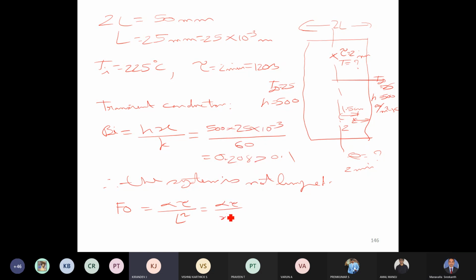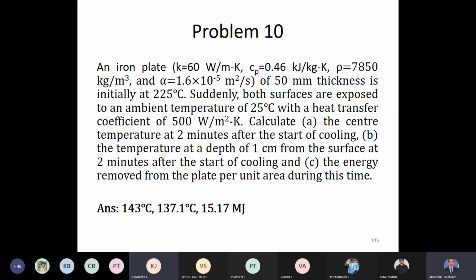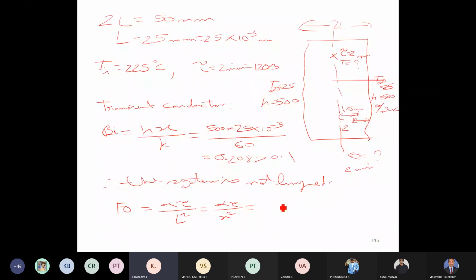Now alpha is given in the problem: 1.6 into 10 power. Time is 120 seconds, divided by x, which is 55 into 10 power.